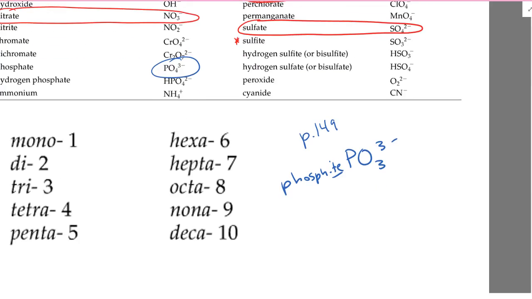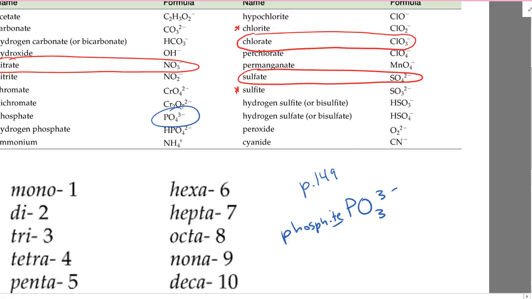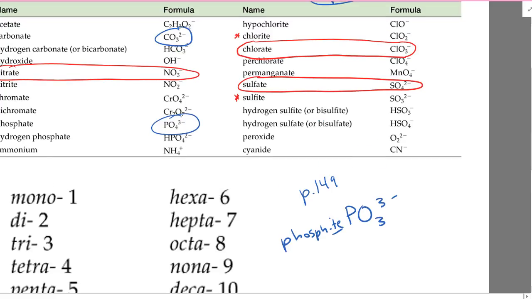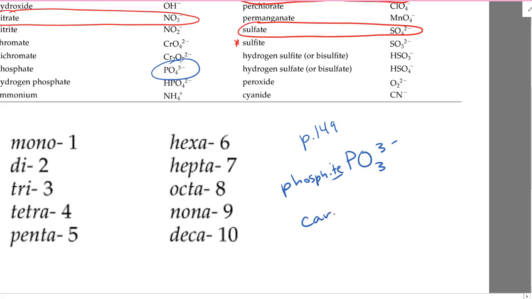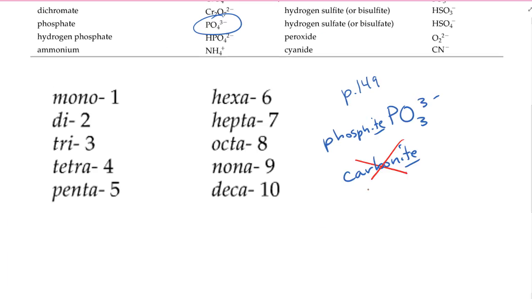Now simply because we can change the suffix, for example, if we look at the carbonate ion, which is CO3 with a 2 negative, it doesn't mean that there's such a thing as a carbonite ion. So even though we change the suffix, doesn't necessarily mean that that exists. So for the things that do exist, we can write them down. But again, just because we can write a name doesn't mean that it's actually possible.